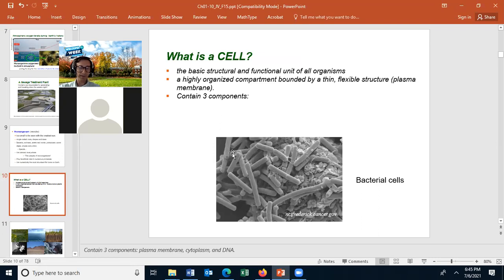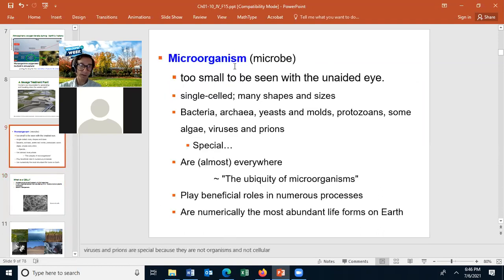We'll talk about that later. And then cells also have a genome, which is a DNA molecule. So those are the 3 components that all cells have: DNA, cytoplasm, and a plasma or cell membrane. And you'll note we're using the terms plasma membrane and cell membrane interchangeably. And I guess I can say we use microorganism and microbe interchangeably as well.